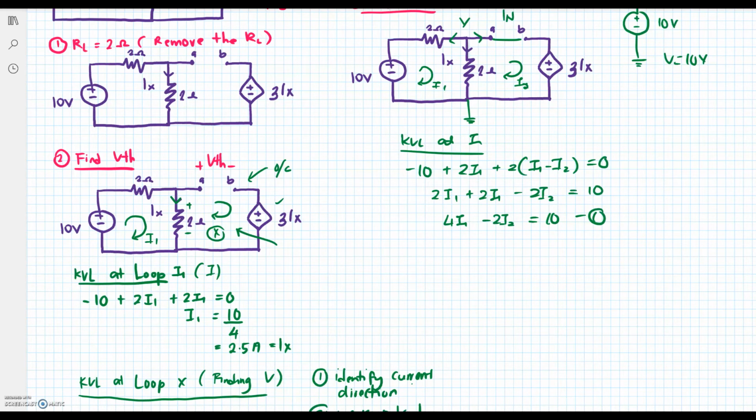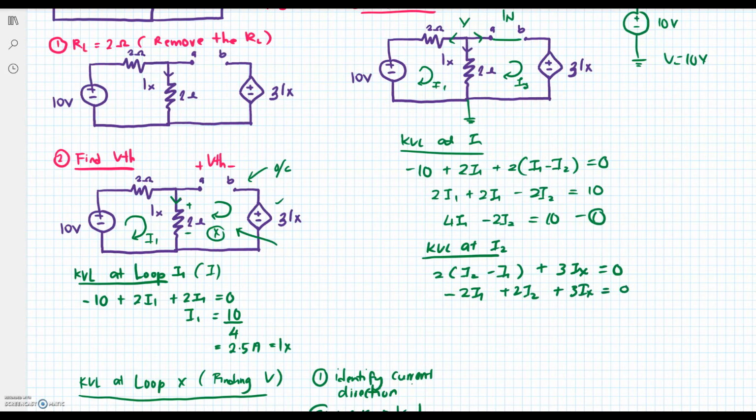Then KVL at I2: 2 (I2 minus I1) plus 3 Ix equal to 0. And then you have to separate the I and group the I. Minus 2 I1 plus 2 I2 plus 3 Ix equal to 0, and it will become equation number 2.